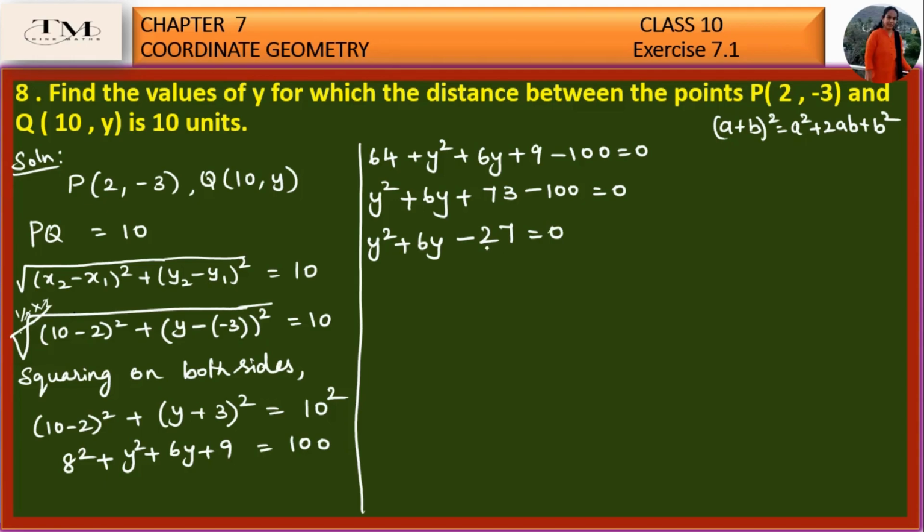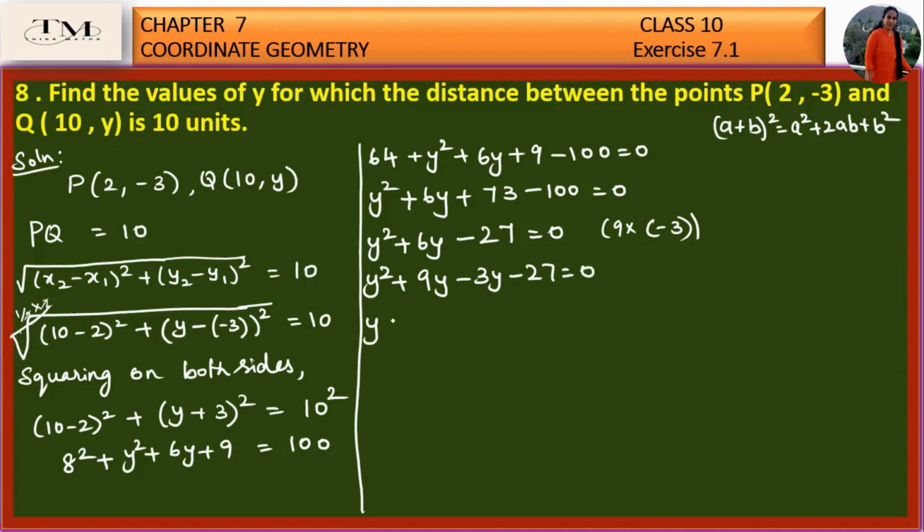So 27 is nothing but 9 into 3. 9 into minus 3, because we need a negative sign. Here we have plus 6y, so 9 minus 3. The smaller number should get the negative sign. So you should write it as y square plus 9y minus 3y minus 27 equal to 0.